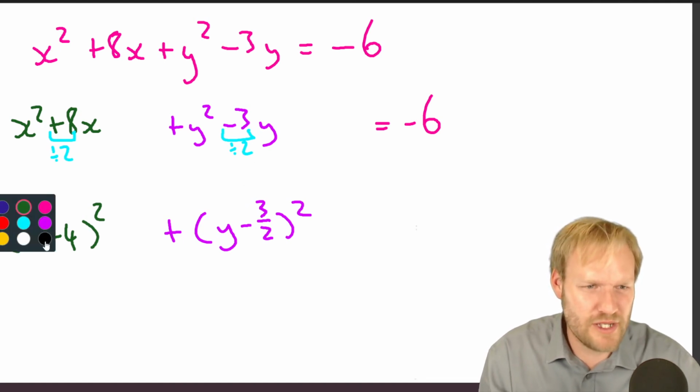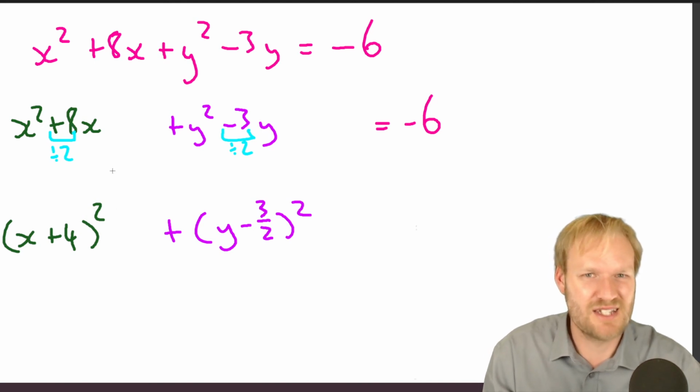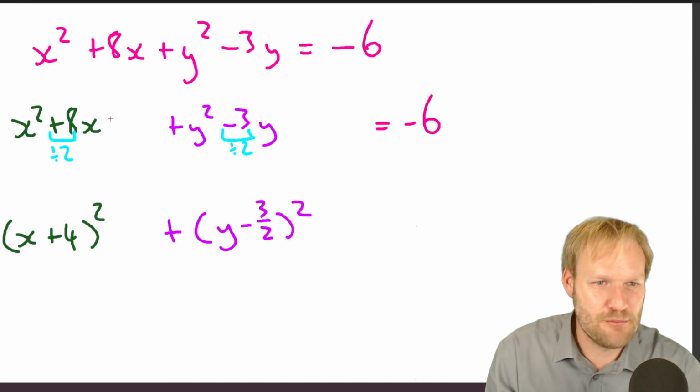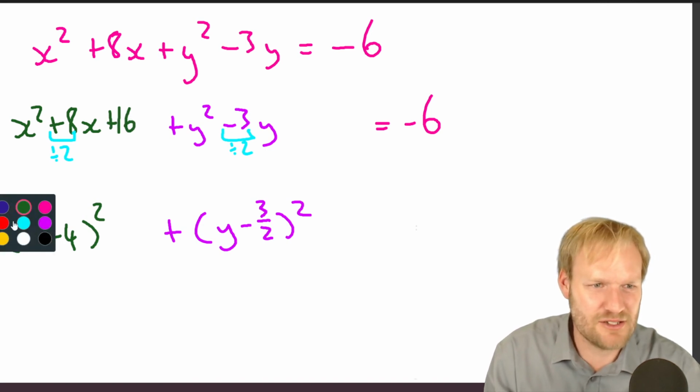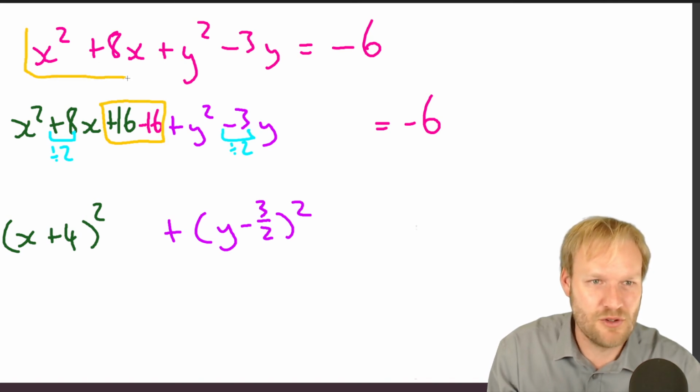So if we squared this green thing, x plus 4 squared, we'd get x squared plus 8x, but we'd have a plus 16. But there was no plus 16 there, so we need to compensate for it by subtracting 16. In other words, this bit here is just going to become 0, so you'll be back with what you started with over here.